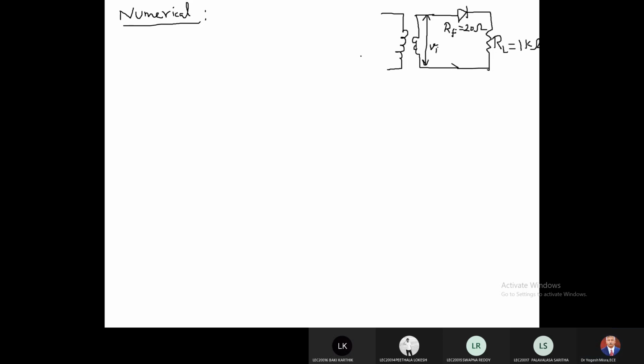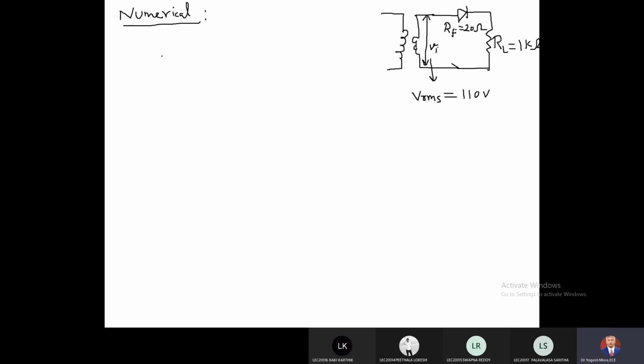And the RMS value, whatever voltage you are having here at the secondary, VRMS of this voltage is 110 volt, right? So RMS voltage at the secondary we are getting 110 volt.